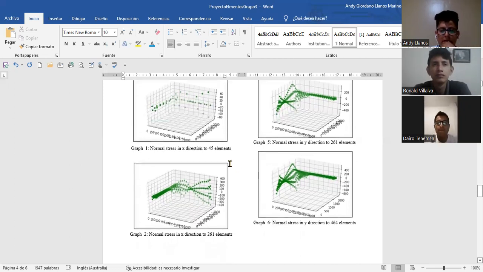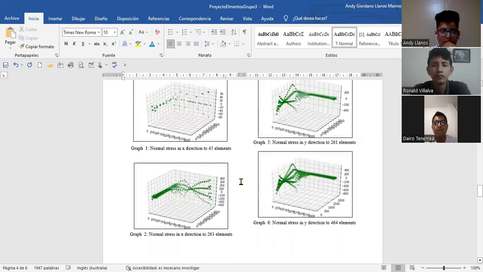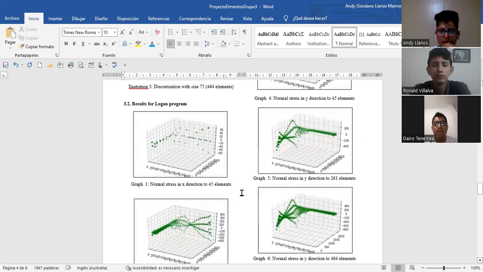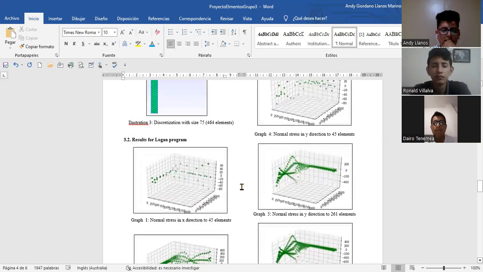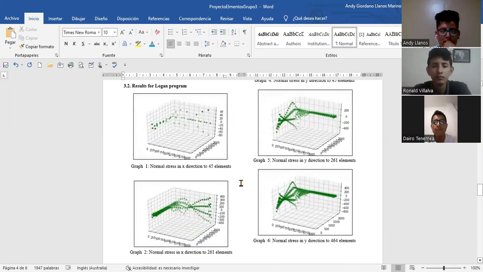Okay, for our analysis of results, we can see the pictures here. For the normal stress in the x direction, the maximum normal stress is in the deck, and it's larger than from the line of Crujía.